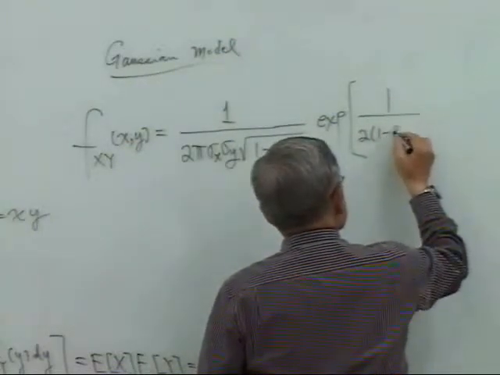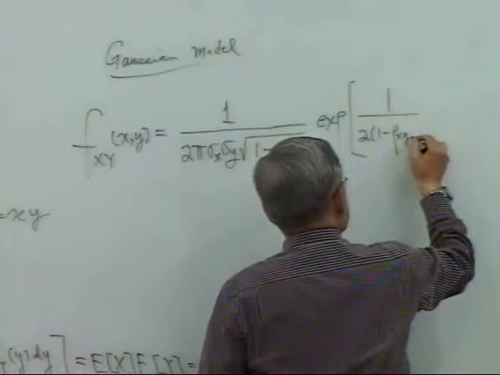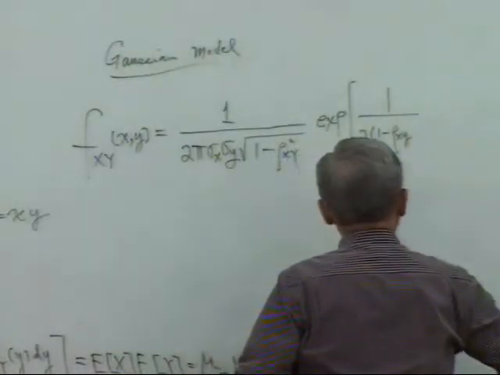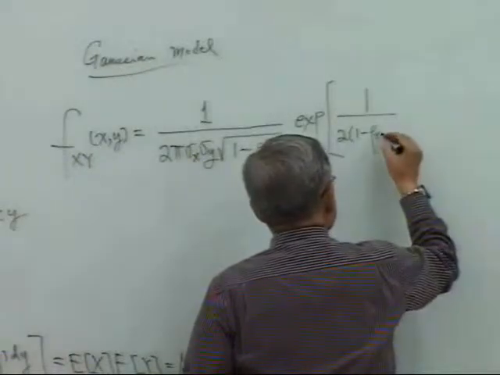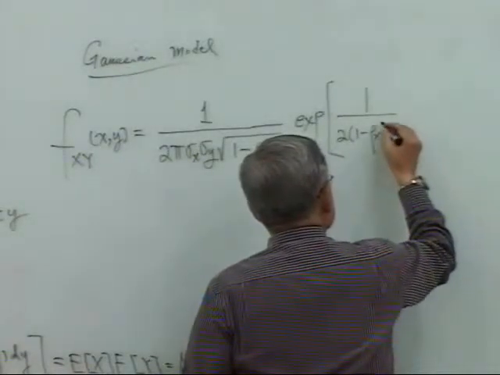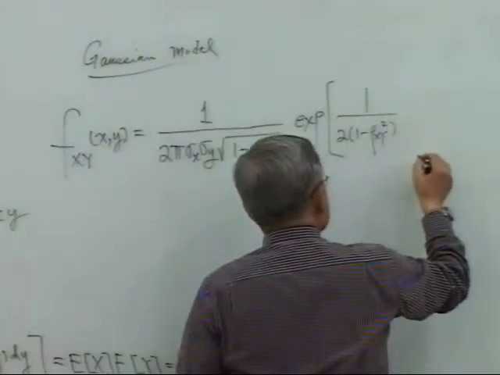1 minus rho xy squared. Strictly speaking, I should say capital letter Y squared.